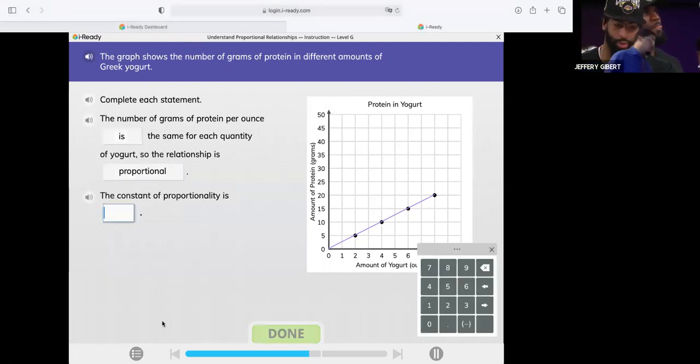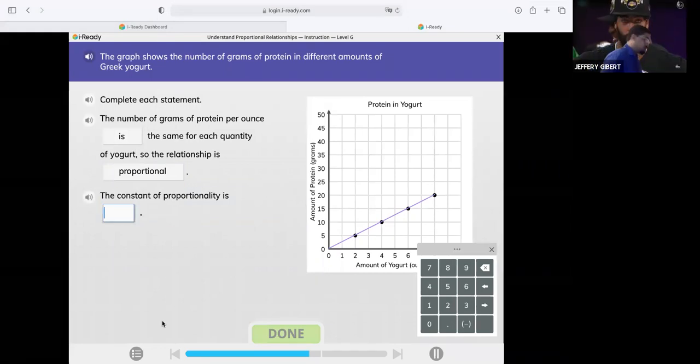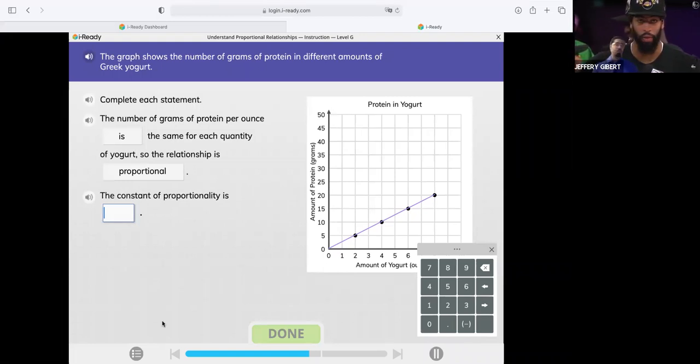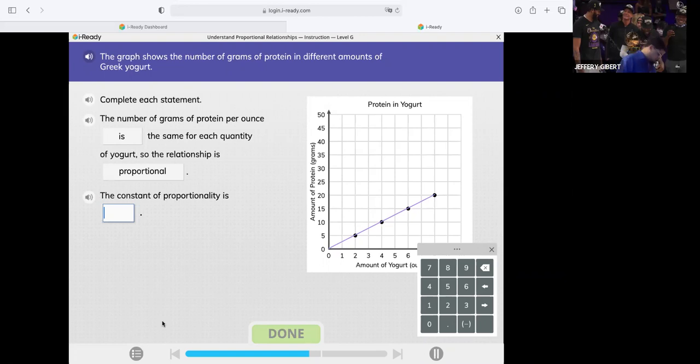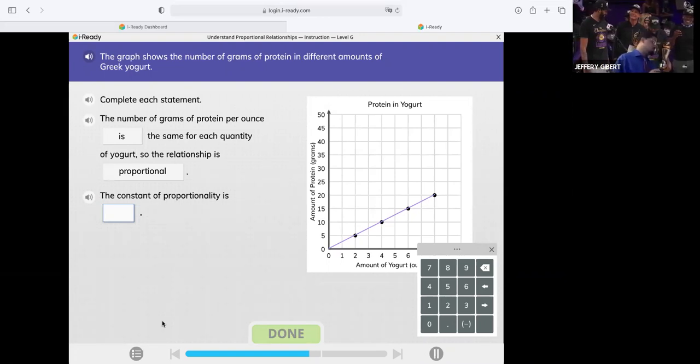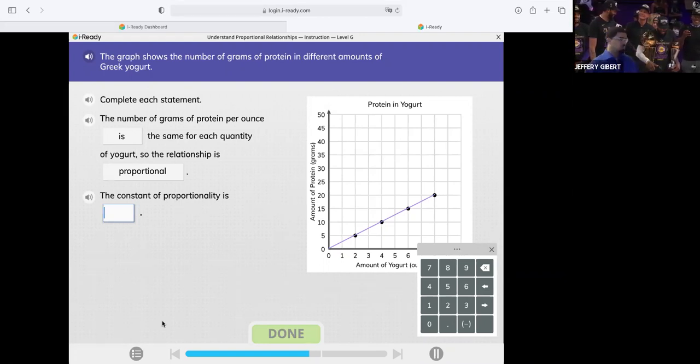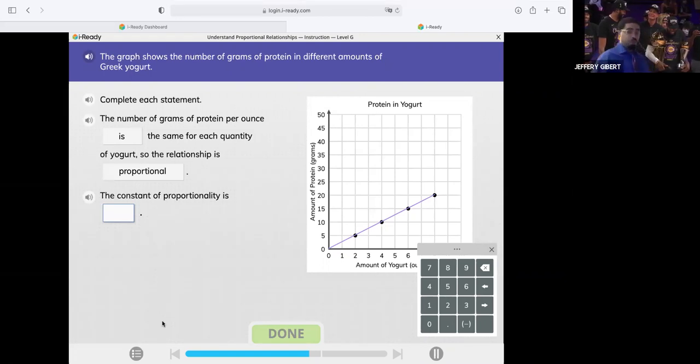All right, so Queen Africa, what's the constant of proportionality? If you don't remember how to do it, it's y divided by x. You pick any of the points.